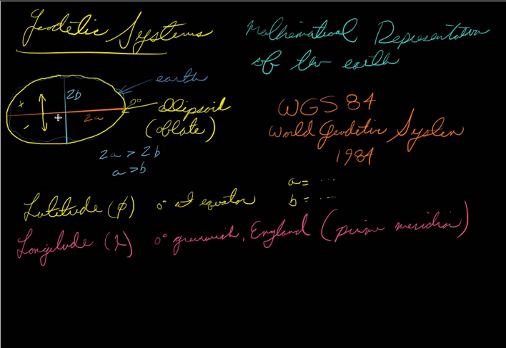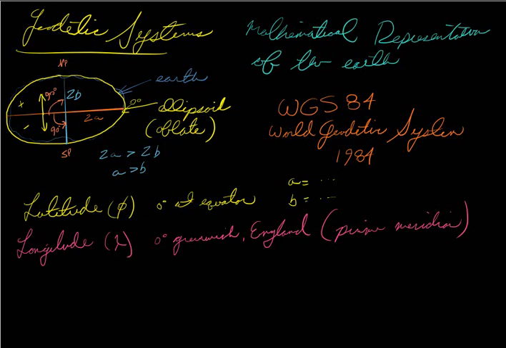If you go from the equator angularly to the North Pole, this angle here, it goes up to 90 degrees. So this is going to be the North Pole. And this would be the South Pole. So same thing, if you're defining it south of the equator, it goes up to a negative 90 degrees.